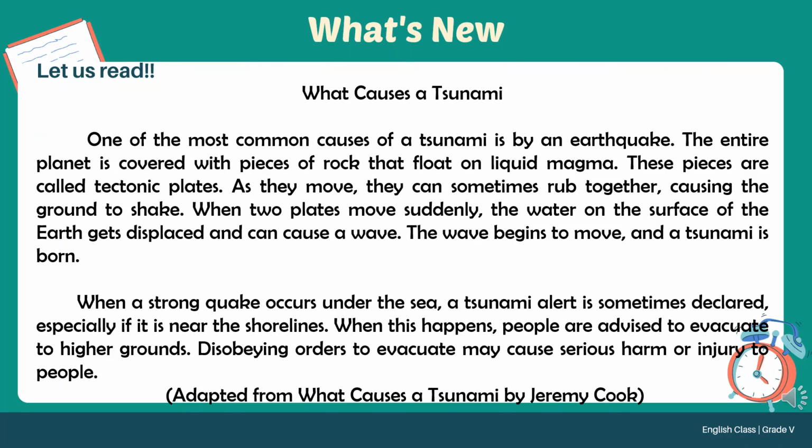Let me introduce to you our lesson by reading this paragraph. Please listen while reading it with me. What causes a tsunami? One of the most common causes of a tsunami is by an earthquake. The entire planet is covered with pieces of rock that float on liquid magma.